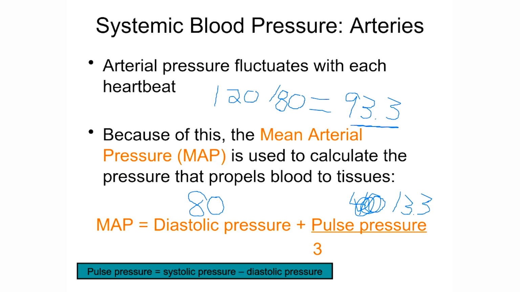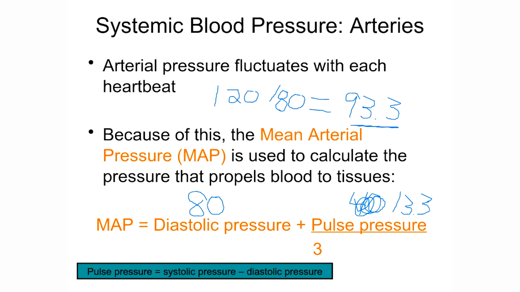Because it spends much more time in diastole, we need to account for that in the equation we're using to calculate the average pressure. And we do that through this pulse pressure portion divided by 3, and that's going to give us a lower number than 100. So the average pressure is closer to the diastolic pressure than it is to the systolic pressure. And again, that simply has to do with the fact that our heart spends significantly more time in diastole than it does in systole, and we've got to account for that.